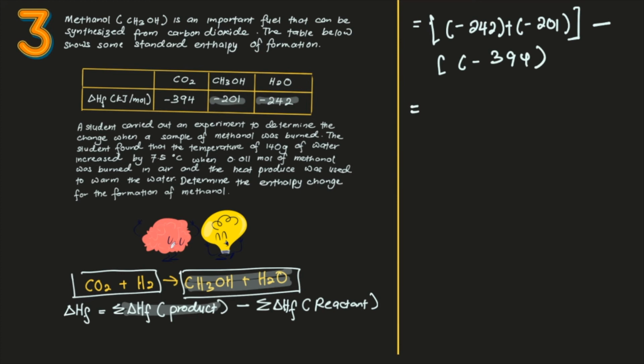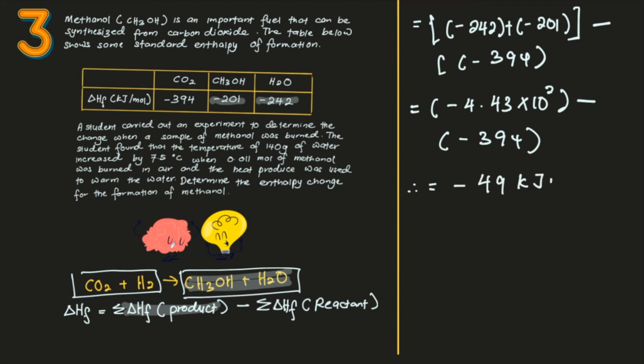So from here you should get negative 4.43 times 10 to the power of 2 minus negative 394. Therefore you should get the enthalpy change for the formation of methanol equivalent to negative 49 kilojoule per mole. So this is the answer for the third question, section D.